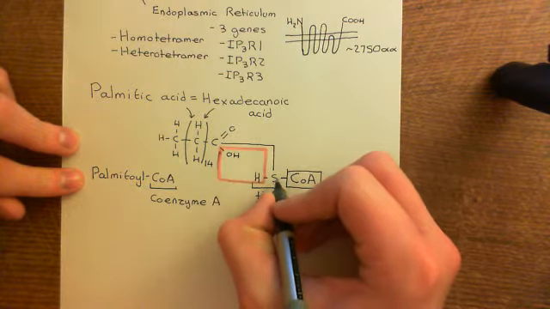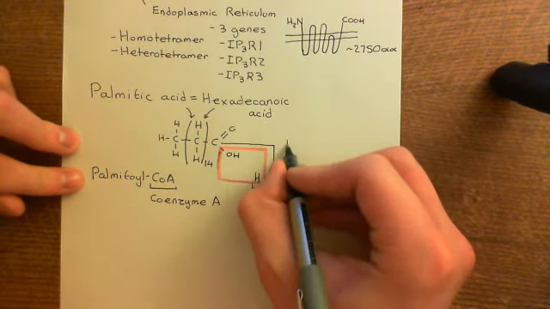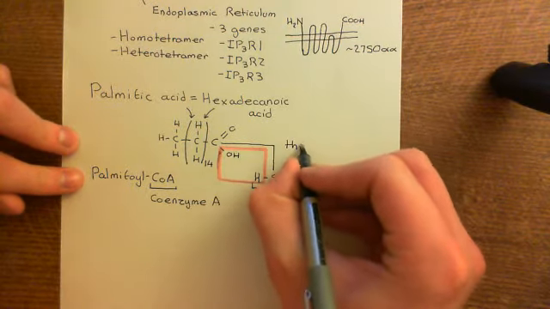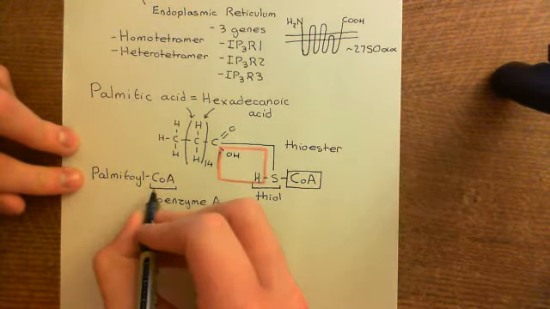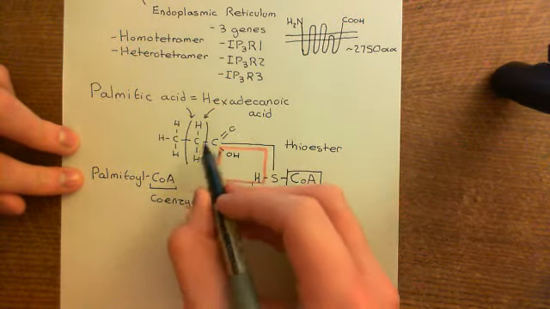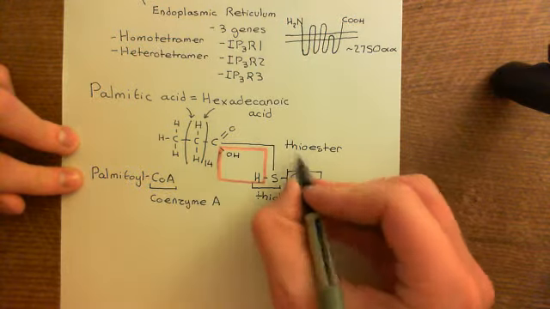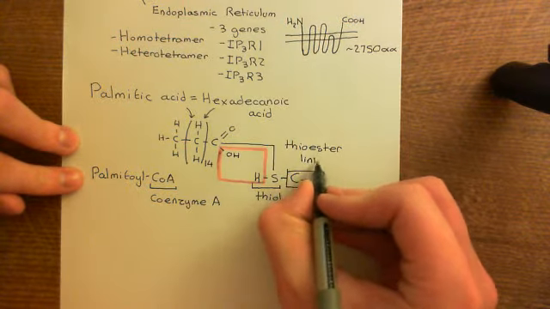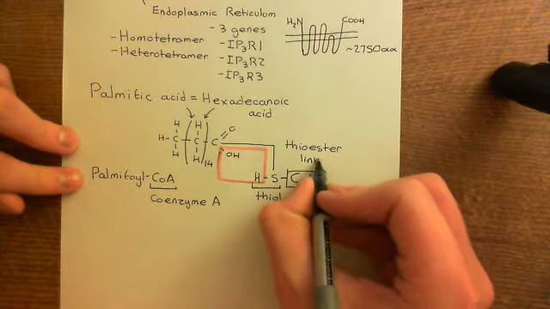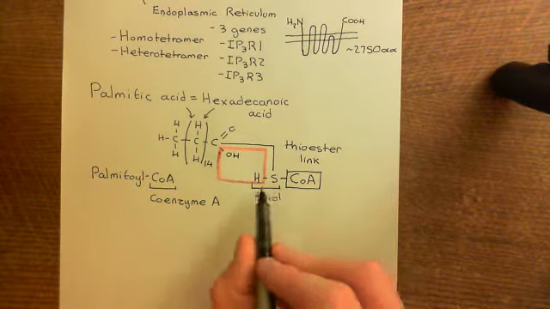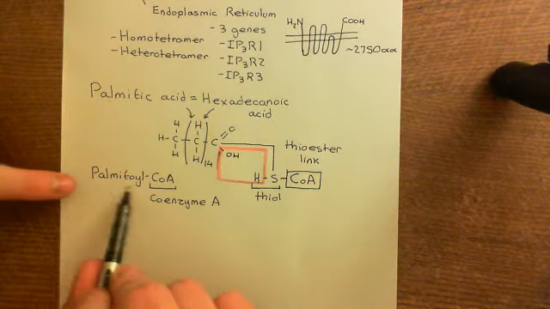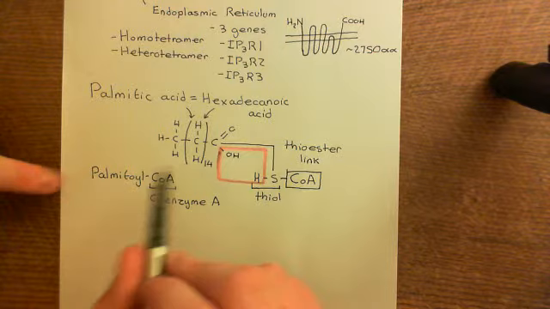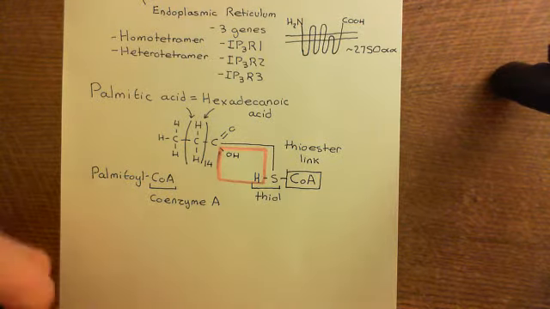Because it is instead a sulfur atom that we're dealing with here, it is called a thioester link. So palmitoyl coenzyme A is the name for palmitic acid once it's been linked by a thioester link to a thiol group. The word palmitoyl refers to this group here.